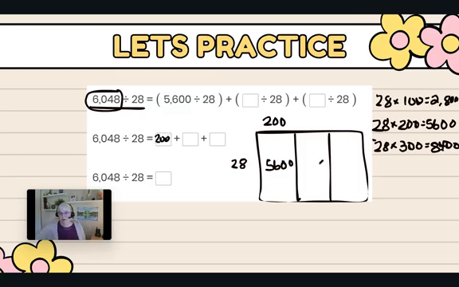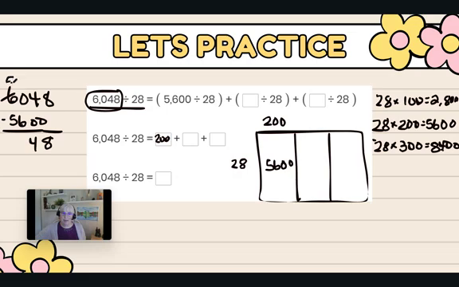Now, in order to figure out how much we have left, we have to subtract. So the 6,048 subtract 5,600, because that's how much we have in this box right here. We need to figure out how much is left. 8 minus 0 is 8. 4 minus 0 is 4. 0 minus 6, I can't do it, so I got to go next door, get some more.